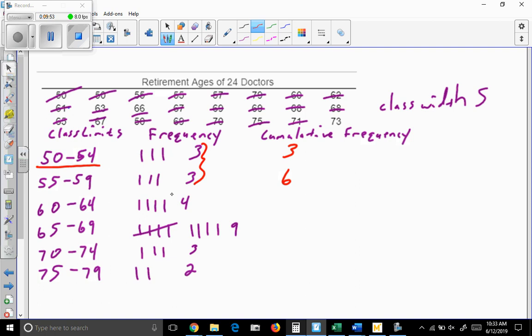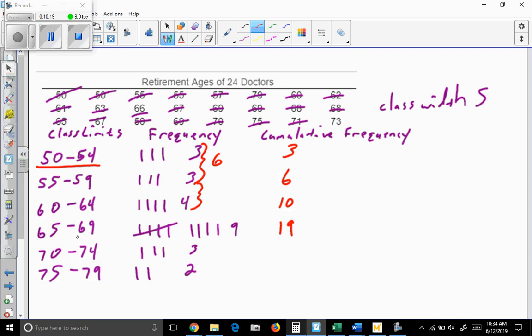So then, as we keep on going, we have 6 pieces of data so far. By the time we get through the next class, we've added 4 more, so the 6 we already have, plus 4 more is 10. We pick up 9 more in the next category, so the 10 we already have, 9 more will be 19.